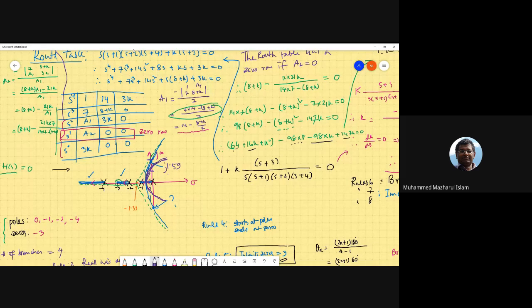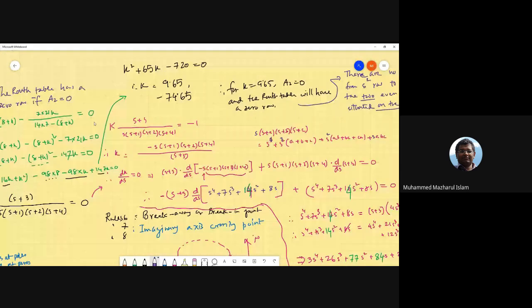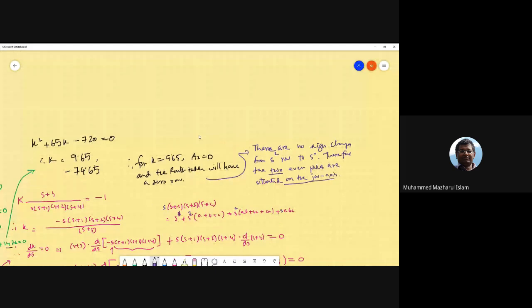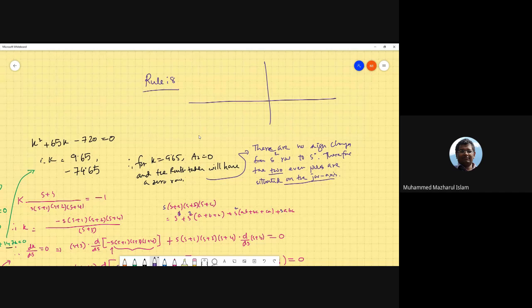Okay, so the last rule, rule number 8, is to find out the angles. For example, let's do this one. Let's say we have a pole-zero plot of a system like this.